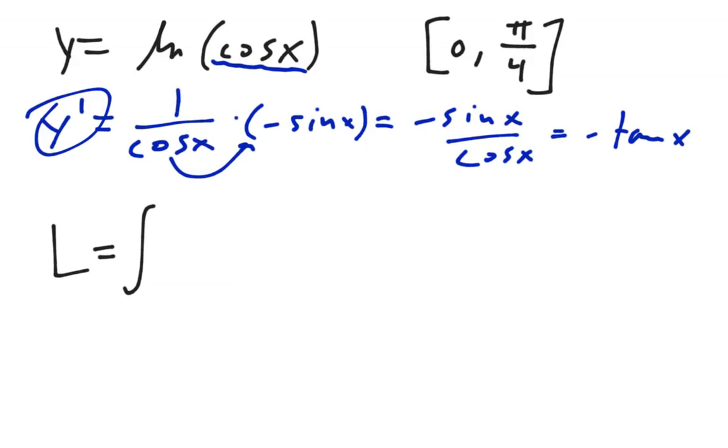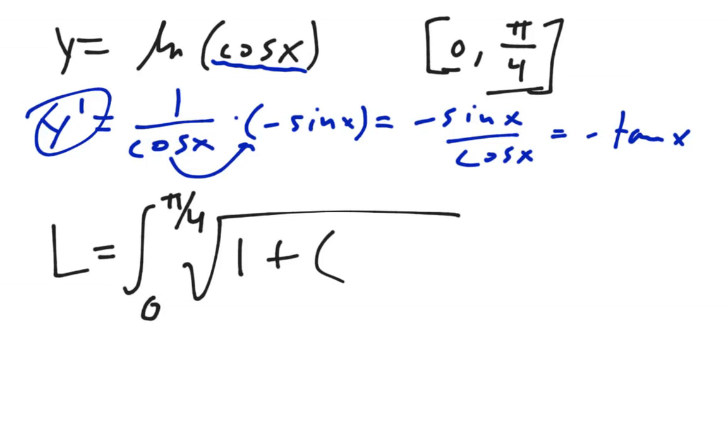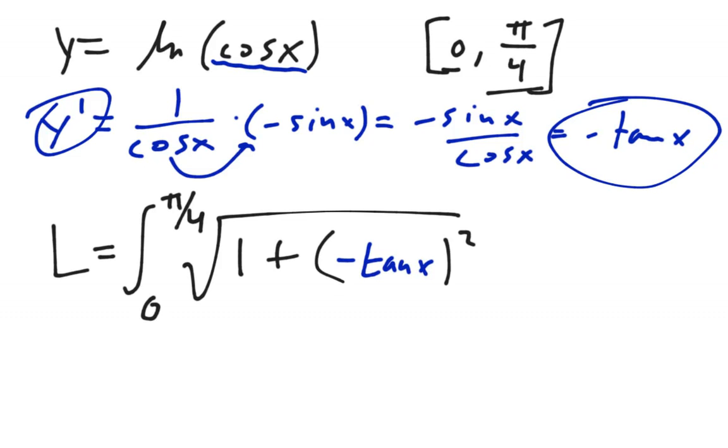I can go ahead and start writing it since it's basically plugging stuff in. My a and b values are 0 and pi over 4 because that's the interval. Not pi over y, it's pi over 4. There we go. Square root of 1 plus stuff squared, and that stuff is simply going to be the negative tangent of x. I'll throw in a dx at the end because that's the formula.